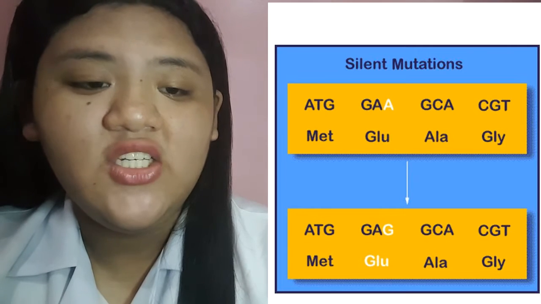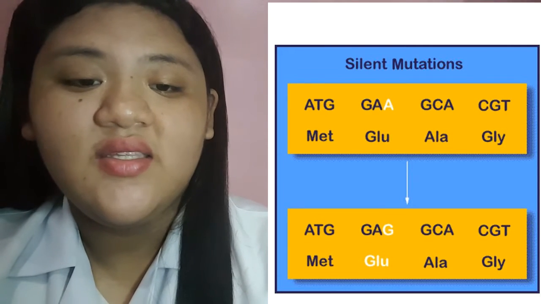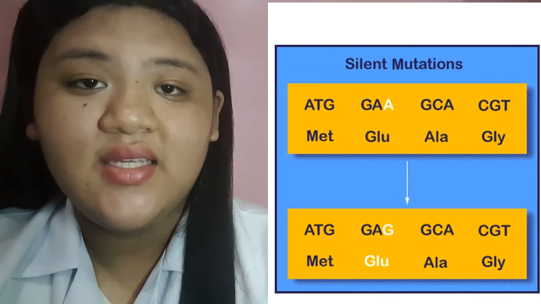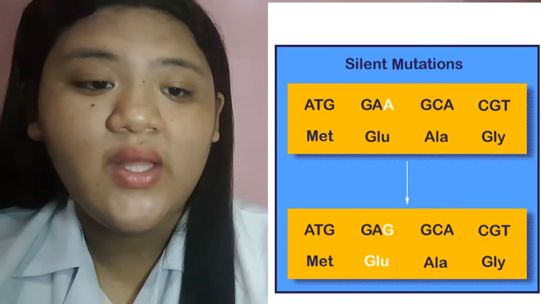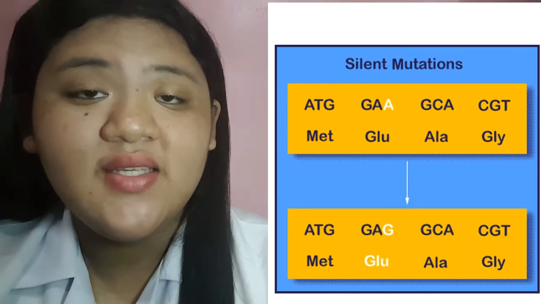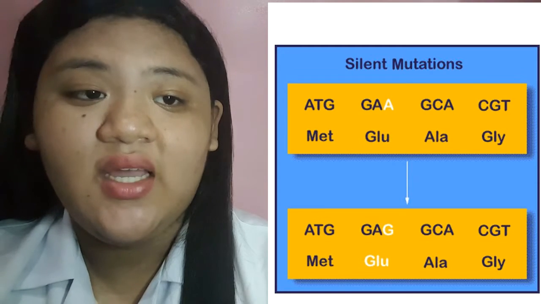ATG, GAA, GCA, and CGT, still methionine, glutamic acid, alanine, and glycine would be its protein sequence. But in the second group of codons, the third letter is replaced by letter G. So it's called silent mutation.